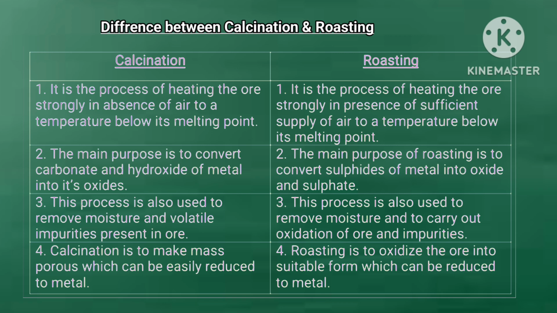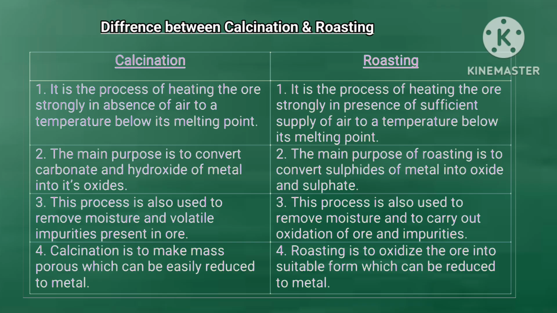So the common thing is that we heat the ore in both processes, but in calcination it is in the absence of air, while in roasting it is in the presence of a sufficient supply of air. This is the first differentiation point between calcination and roasting.